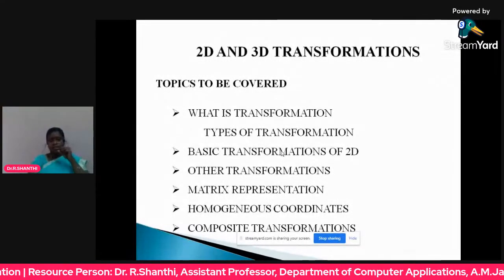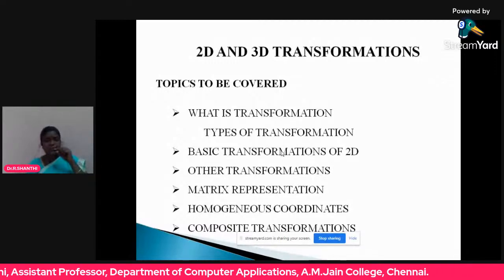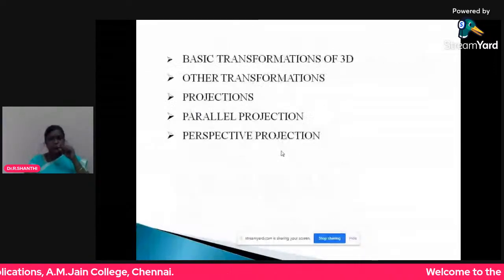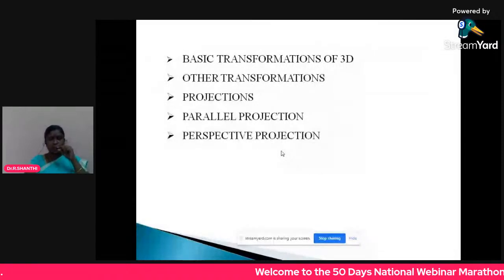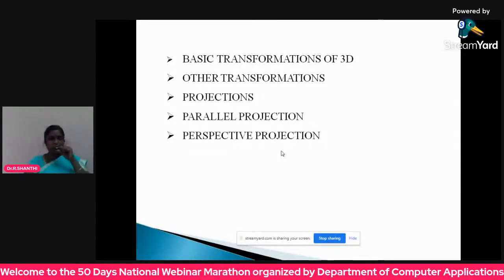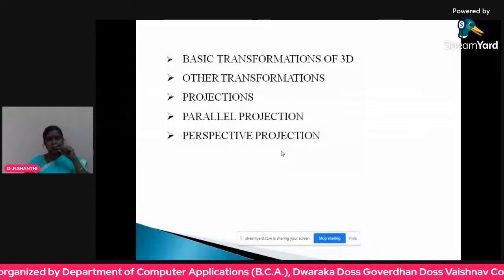In the previous cases, we focused only on the individual transformations, right? So here in composite, the name itself indicates we are going to combine. So far what you have seen is 2D. Our next topic moves on to transformations of 3D. Even here you are going to see the two types which are applicable in 2D also, that is the basic transformations and other transformations.